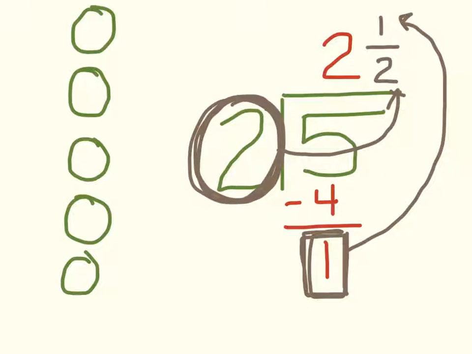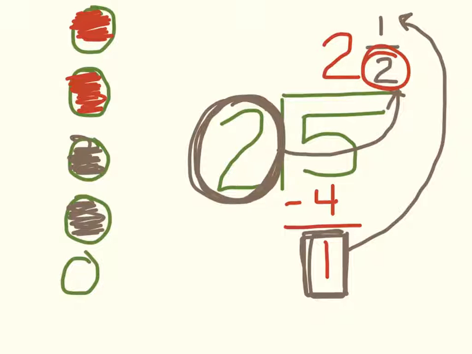Now, if you take a look at it in the picture over here, my first friend got 2 pies. 1, 2 pies. Then my second friend got 2 pies. Then I had 1 pie left over. I'm going to split it into 2 pieces.